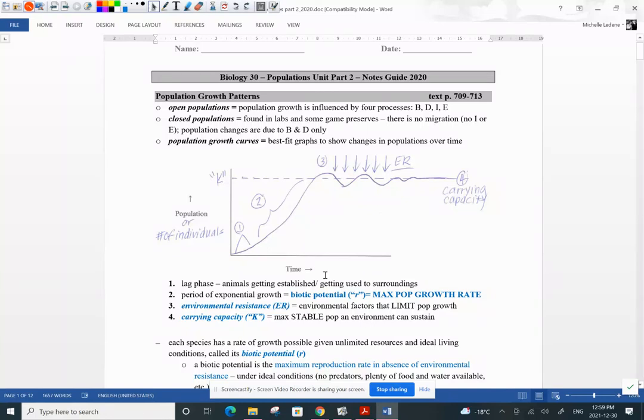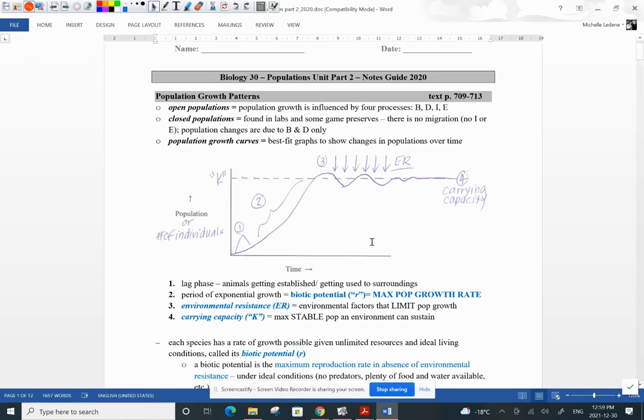We are going to finish up a lesson on Population Notes Guide 2. We talked about this and have already been through population growth patterns, whether it's open or closed, and population growth curves. How do we tell apart a J curve as opposed to an S curve?